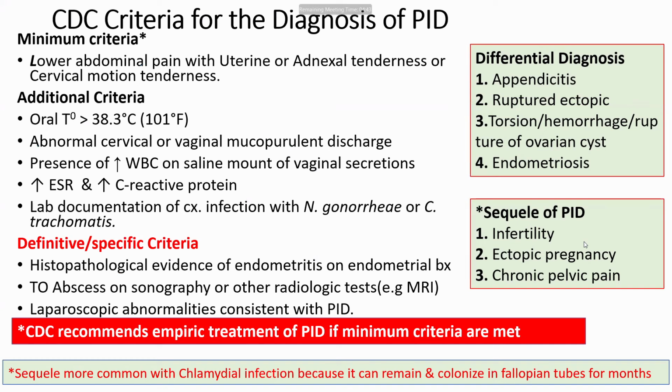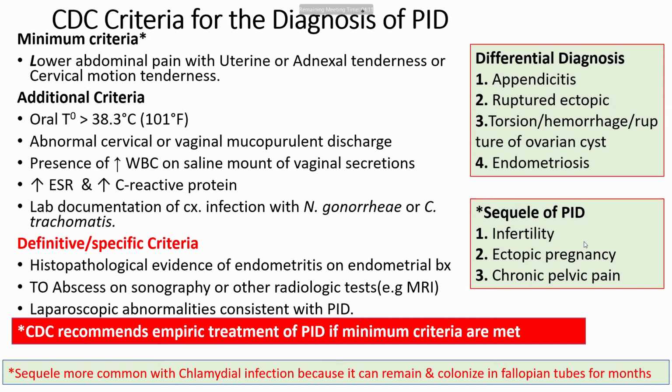Other additional criteria include oral temperature more than 38.3 degrees Celsius, abnormal cervical or vaginal mucopurulent discharge, presence of increased white blood cells on saline microscopy of vaginal secretion, increased erythrocyte sedimentation rate and C-reactive protein, and lab documentation of infection like nucleic acid amplification test or culture positive for Neisseria gonorrhoeae or chlamydia.